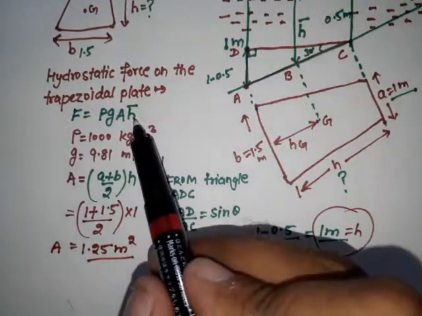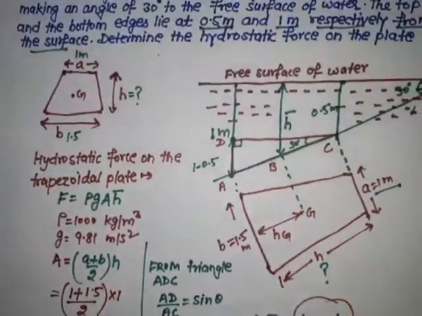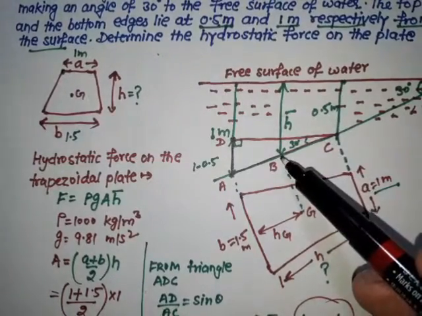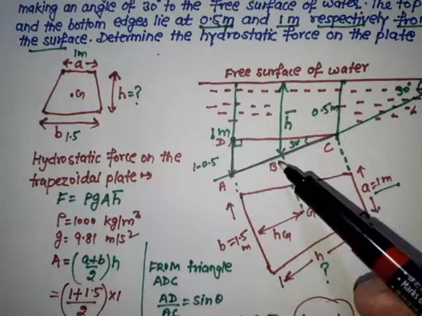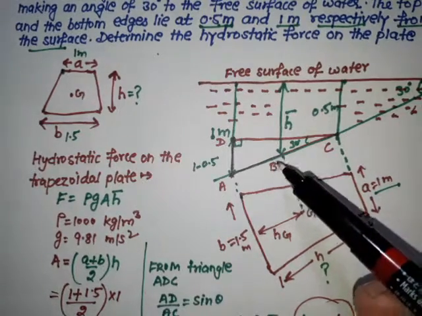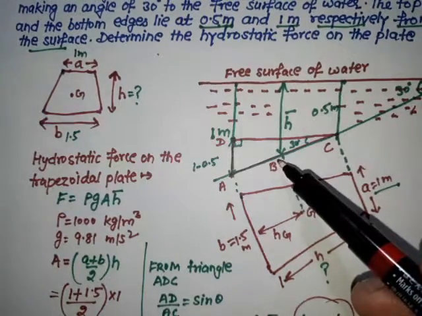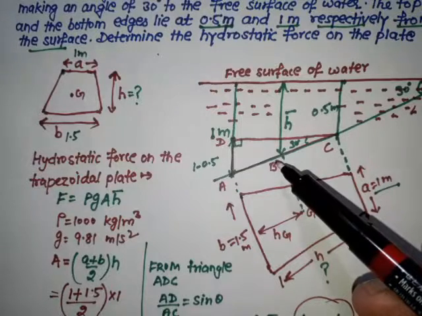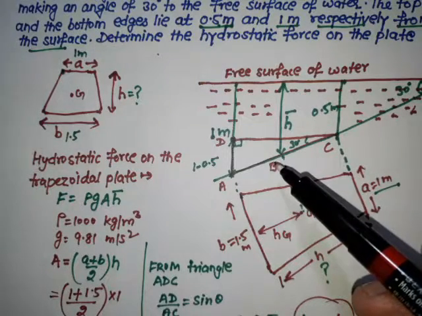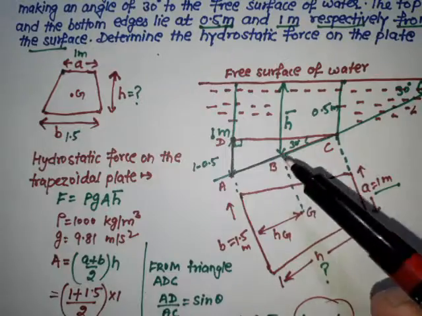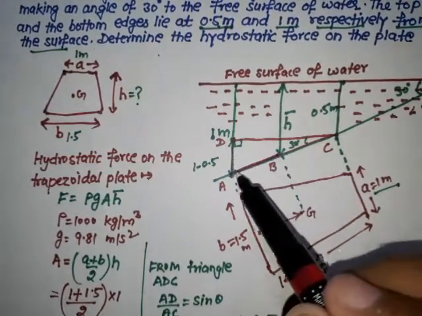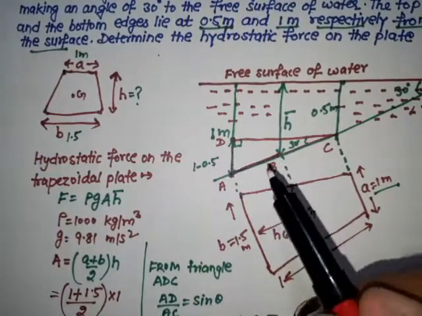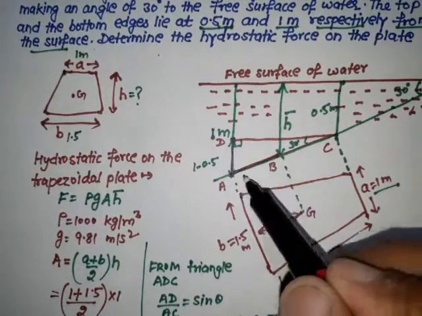Next we need to find out the value of h bar. So this is the h bar, and for getting this value we need to calculate the value of this distance. If I get this distance, this is the AB.